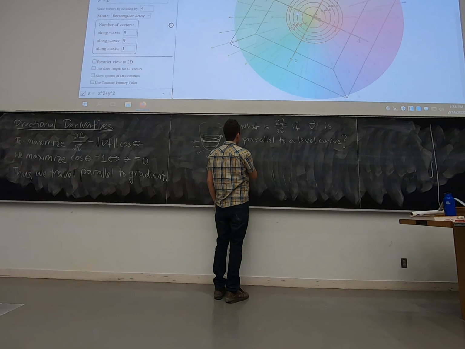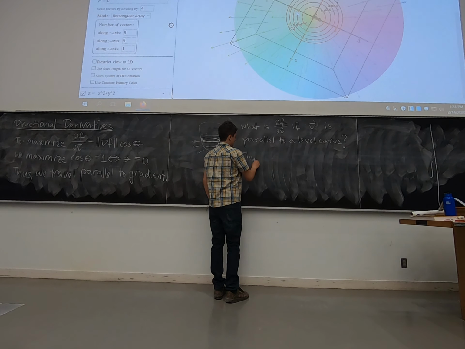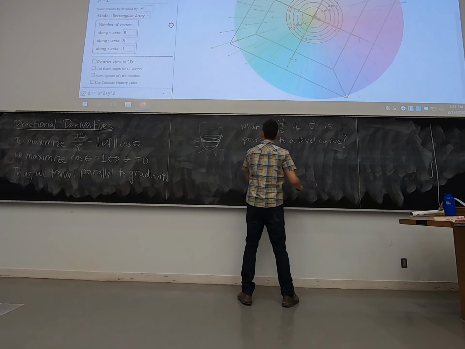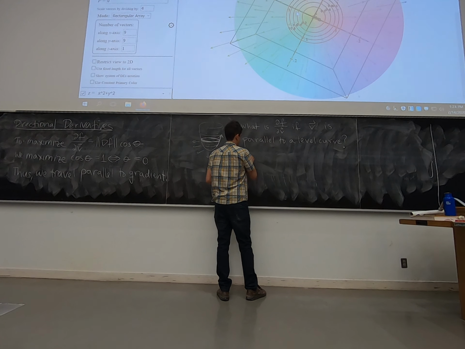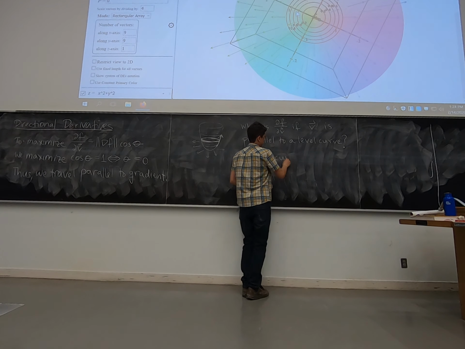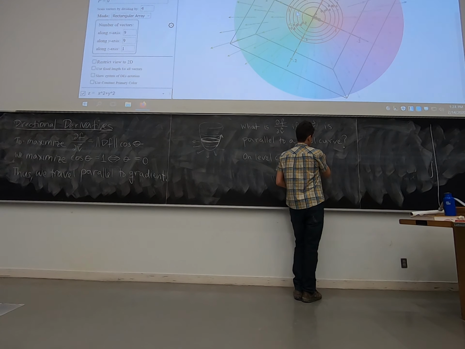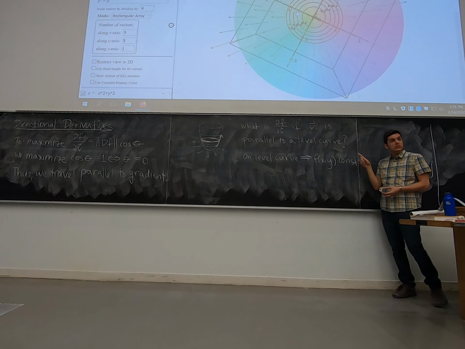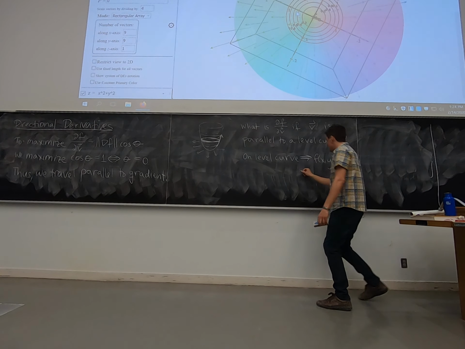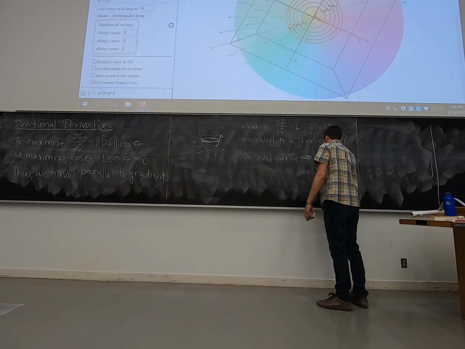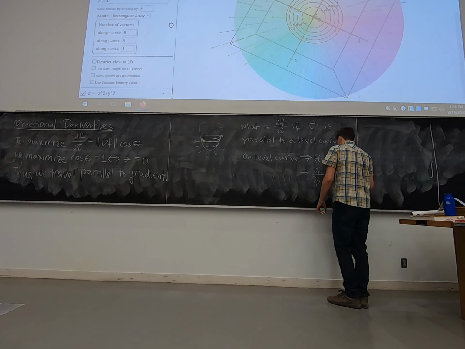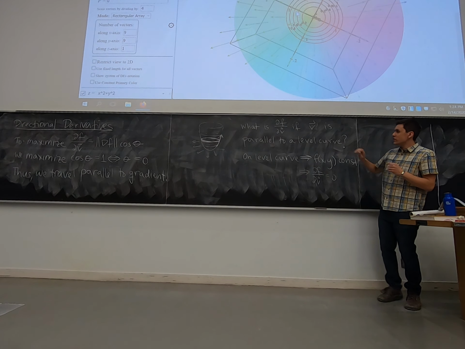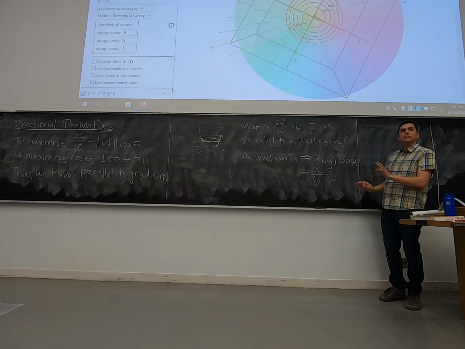So if you're parallel to a level curve, that means that our function's constant, which means this guy's 0. So if you live on a level curve, your function's not changing, your directional derivative is 0.